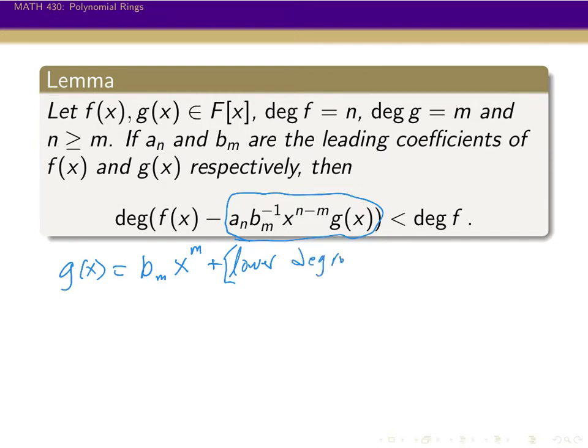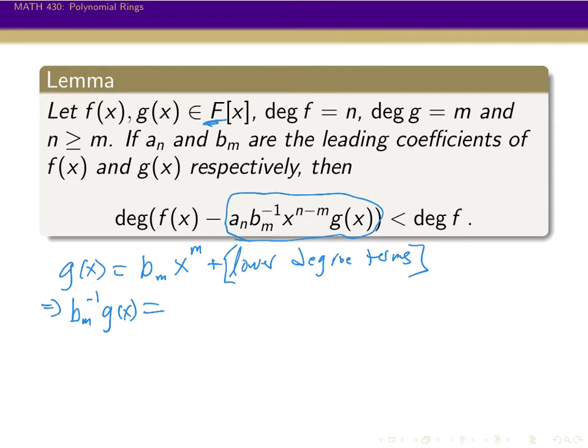So plus the lower degree terms. Okay, and then if we multiply g of x by the inverse of b sub m, since b sub m is non-zero, it's a leading coefficient, so it's non-zero, and we're in a field, so it has an inverse. Every element is a unit.